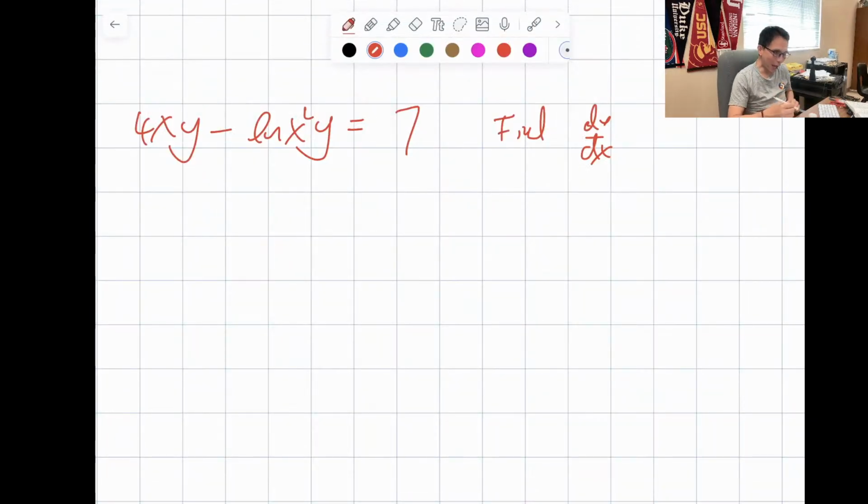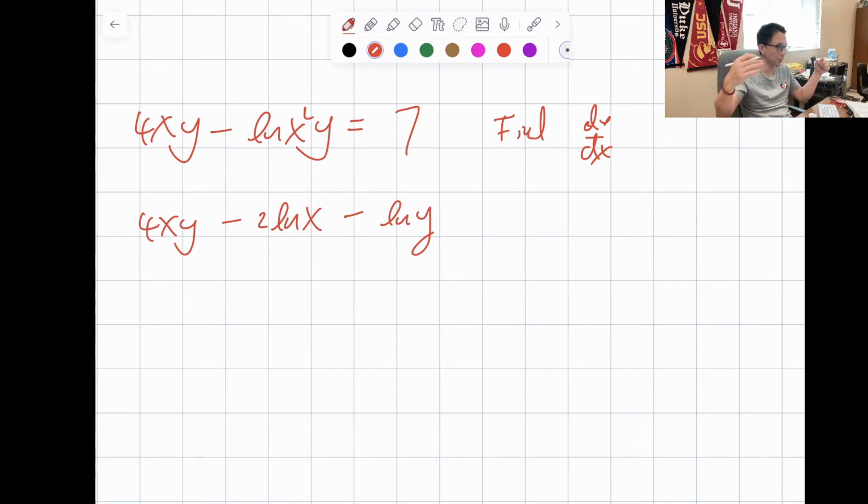All right, so what happened is we're going to make sure that we do algebra first. So 2 ln of x minus ln of y is minus, because the minus sign distributes to both. Now I'm going to take a derivative here.